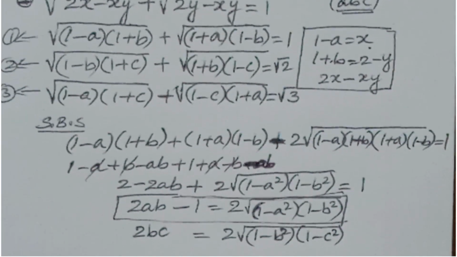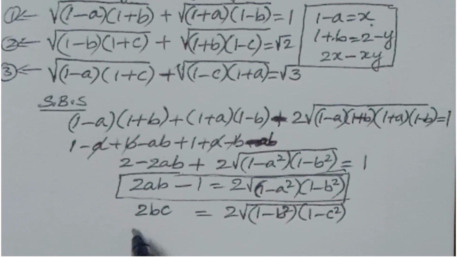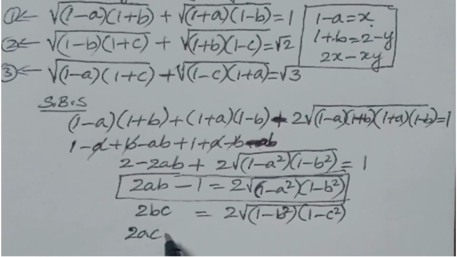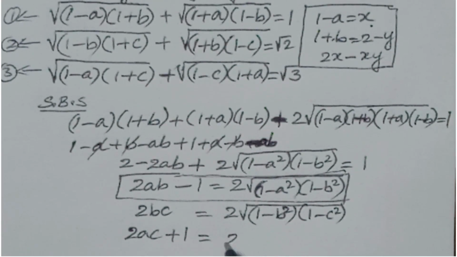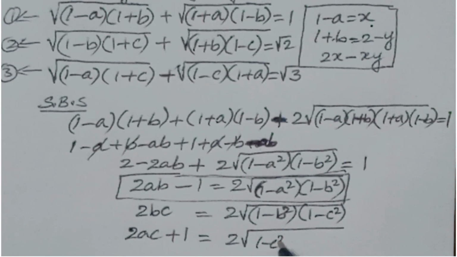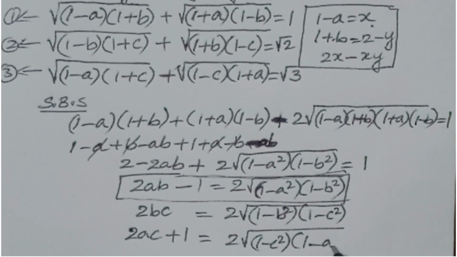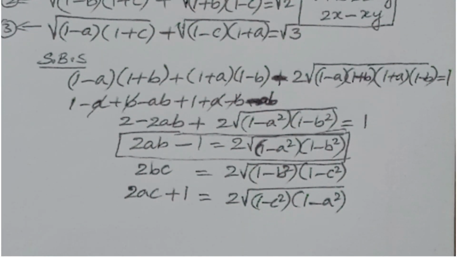Now if you do squaring on both sides, the third equation, 2ac plus 1 is equal to 2 root of 1 minus c square into 1 minus a square. So these are the values we are getting.